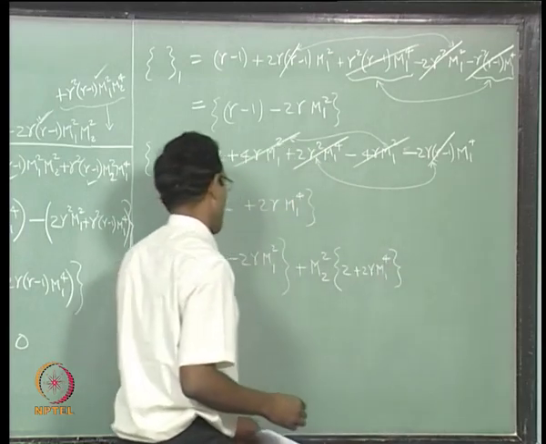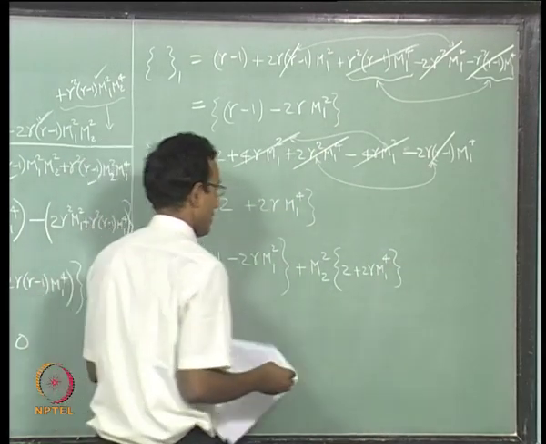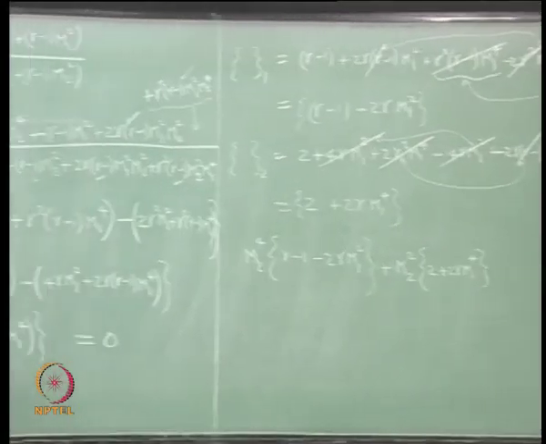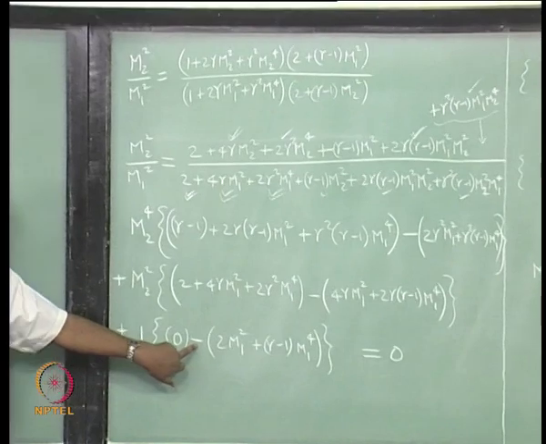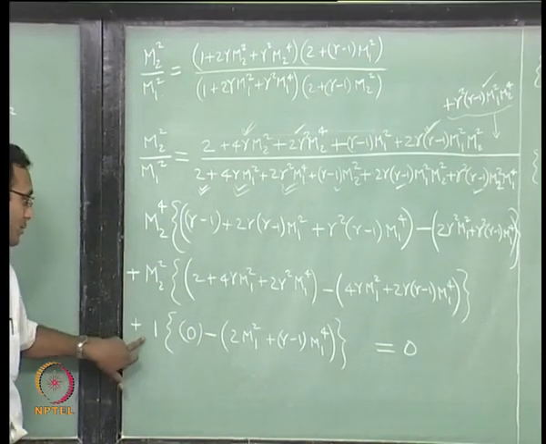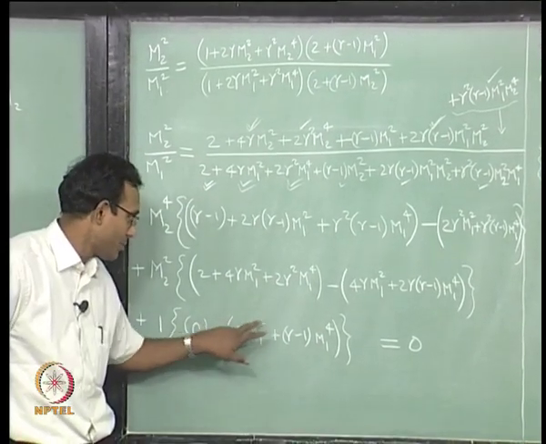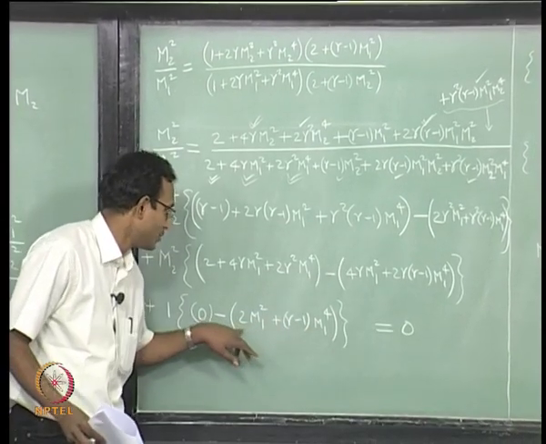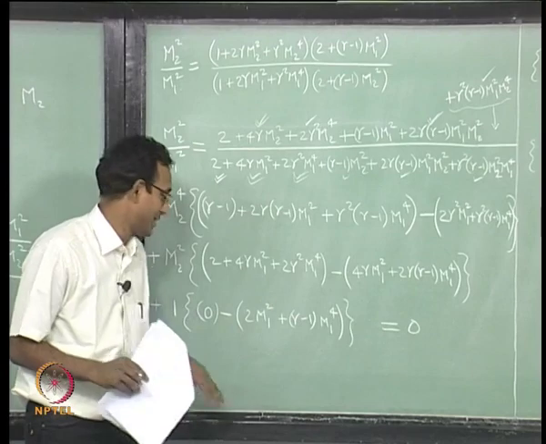Okay. And plus the last term, but it has a minus sign in front of it. I will put this minus 1 outside, and also I will pull out a minus m1 square, just so it looks, at least it looks like 2 plus gamma minus 1 m1 square, we will keep it that way.